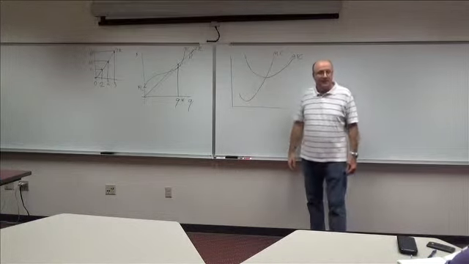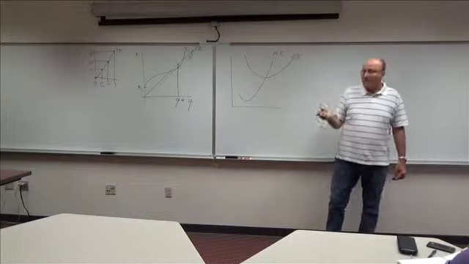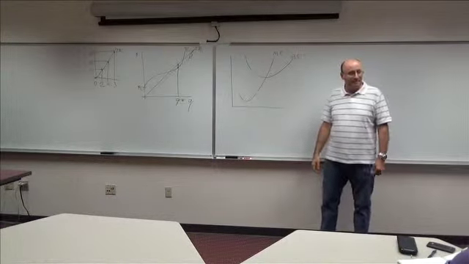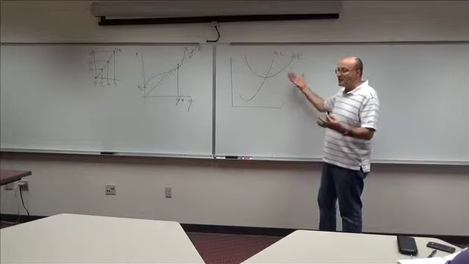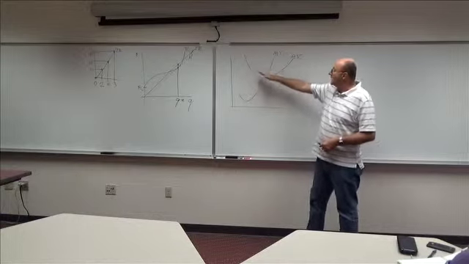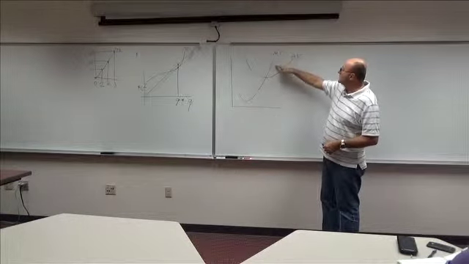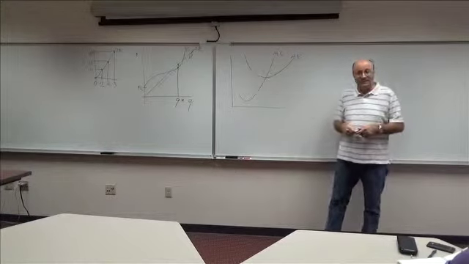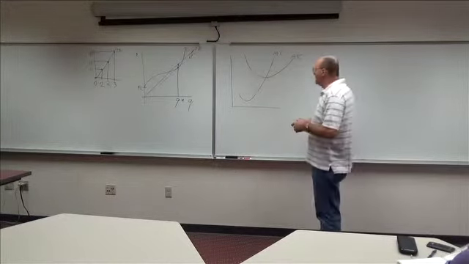That makes sense? If that's true about grades, it's true about costs. It's just the nature of marginals and averages. If the marginals are below average, they drag average down. Once the marginal cost is above average, it drags average up. That's all there is to it. Does that make sense? Very good.